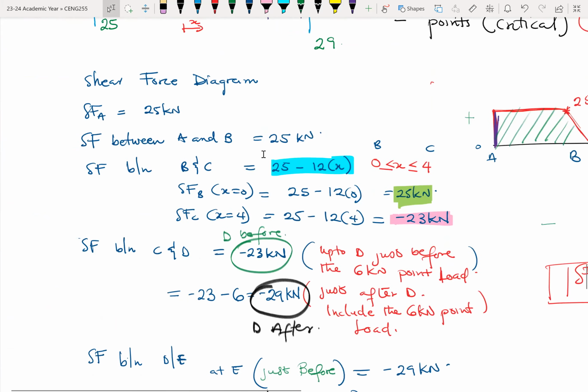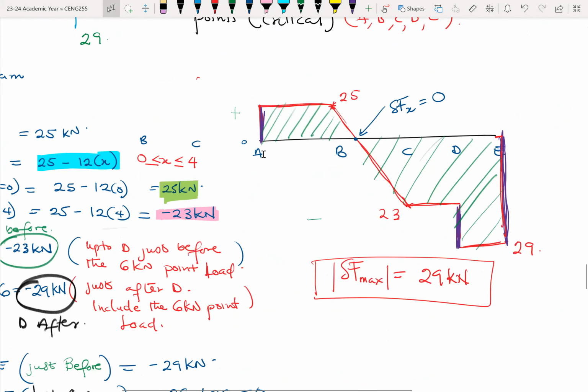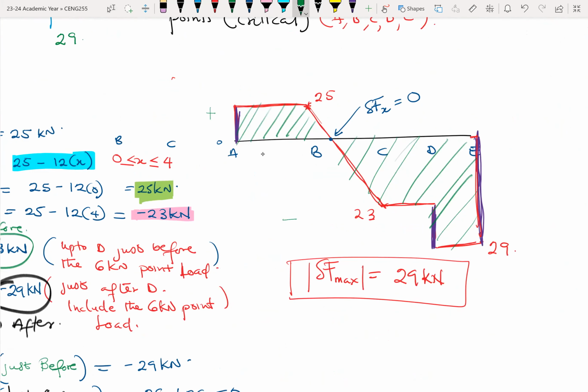If you go back to the shear force diagram, between B and C, there's a point where the shear force is 0. Right. So because there's a point where the shear force is 0, it means that if you have to draw your bending moment diagram, there will be a point on that moment diagram between B and C where the moment will be maximum.